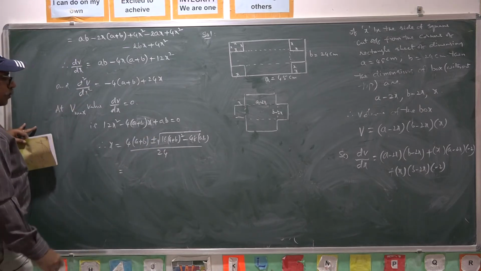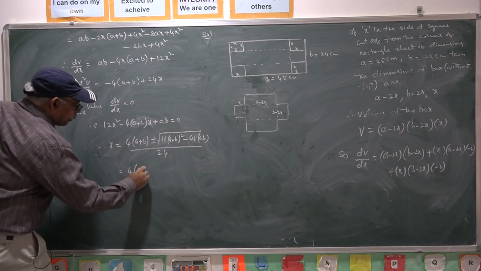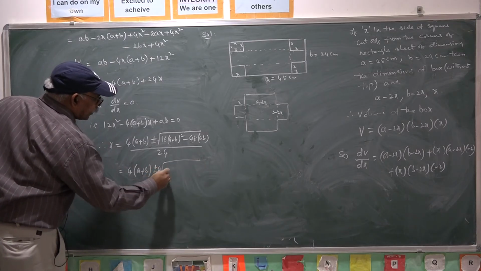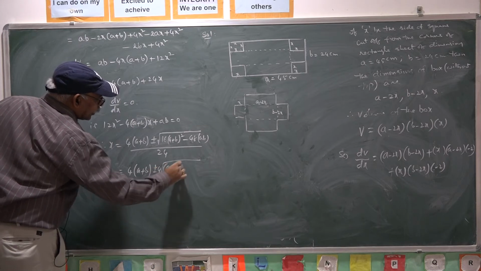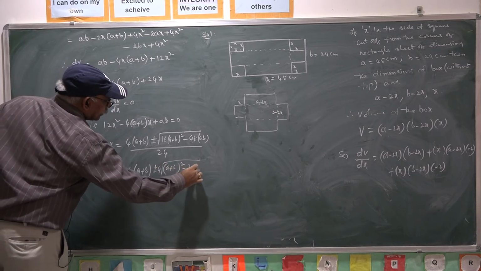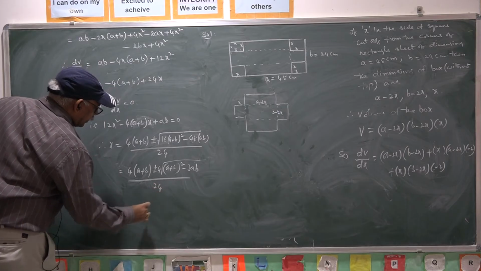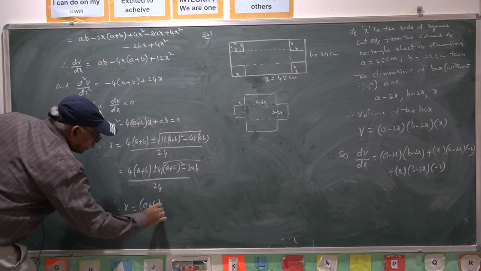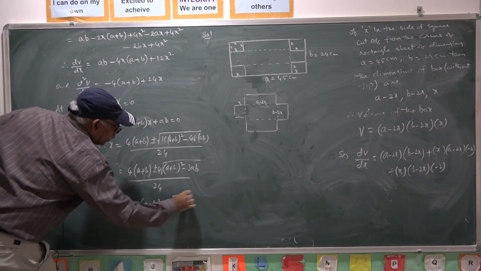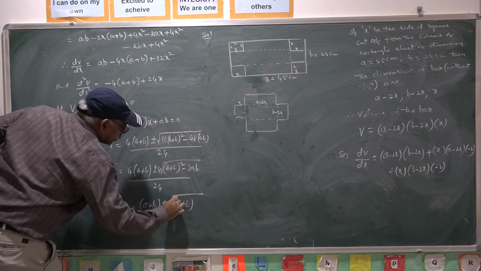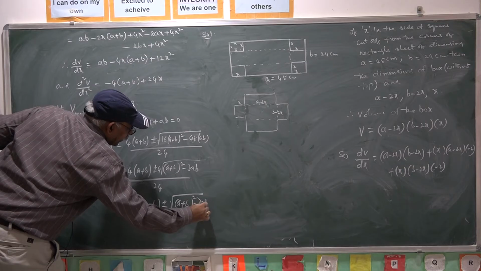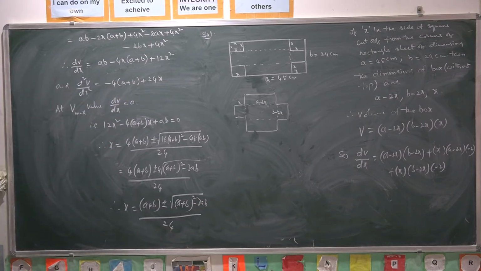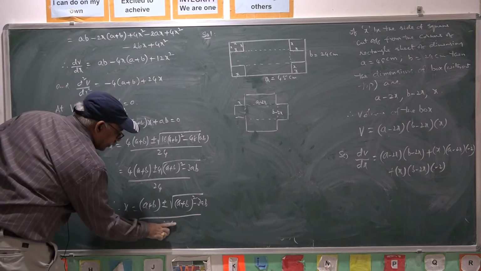You can take 16 as common. So, 4 into (a plus b) plus or minus square root of 4 into (a plus b) whole square minus 3ab, by 24. Hence, x takes the value (a plus b) plus or minus root of (a plus b) whole square minus 3ab, by 6, not 24, 6.